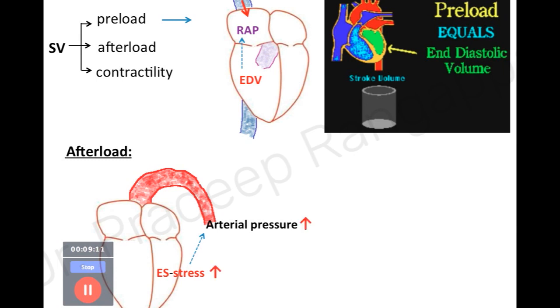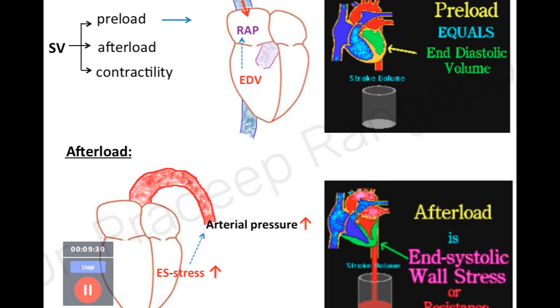If the stress of the left ventricle is more, then your arterial pressure or systemic vascular resistance also tends to go up. So your stress is more, your afterload is more, which means there is a lot more resistance against which the left ventricle has to work. That is the determinant of afterload. So afterload is simply end systolic wall stress or resistance.